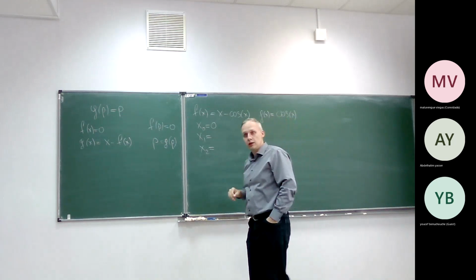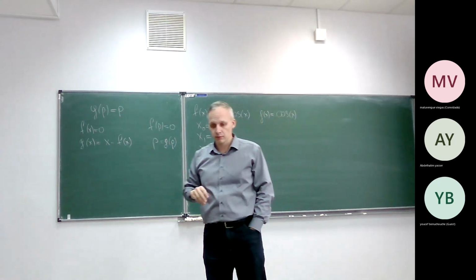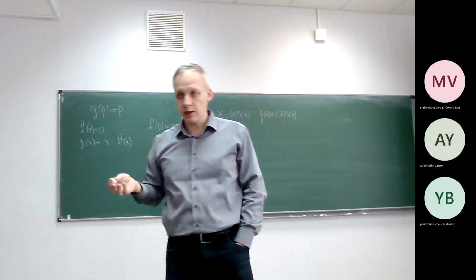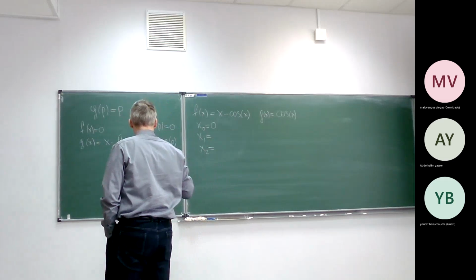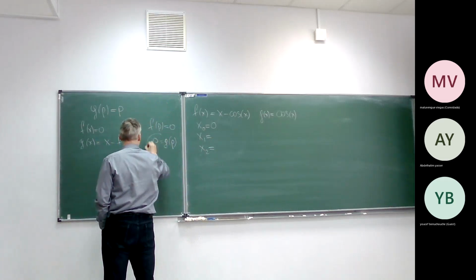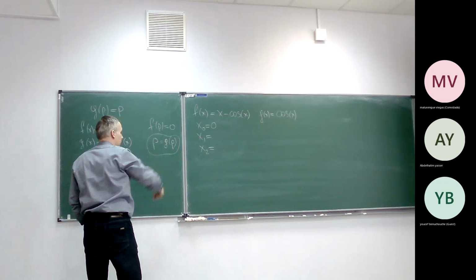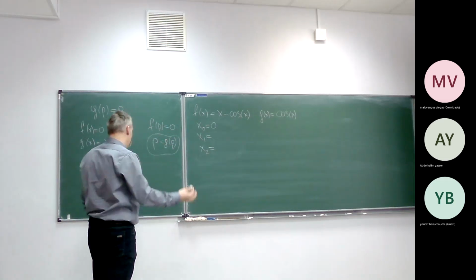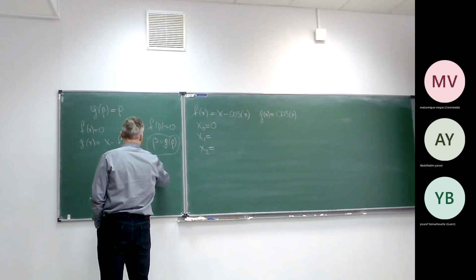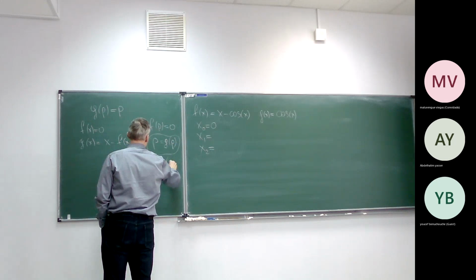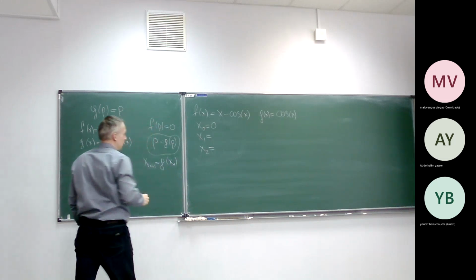G of x equals cosine x. And after that, according to the formula, P equals G of P, or I can say that x n plus 1 equals G of x n.